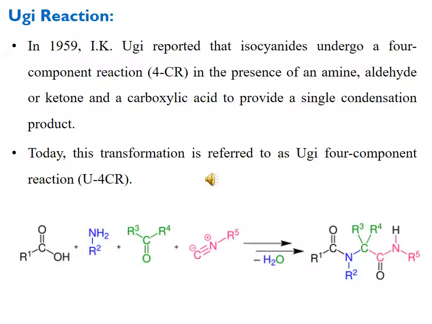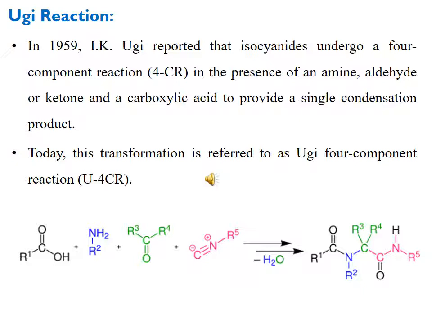and carbonyl, that is an acyl moiety which is combined with amine. Acyl moiety has come from the carboxylic acid functionality. Then the R2 amine moiety is present here, and you can see there is formation of two carbon nitrogen bonds of this amine.